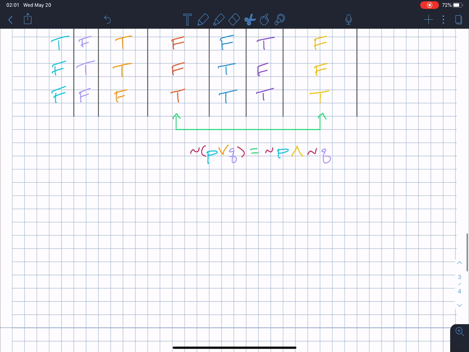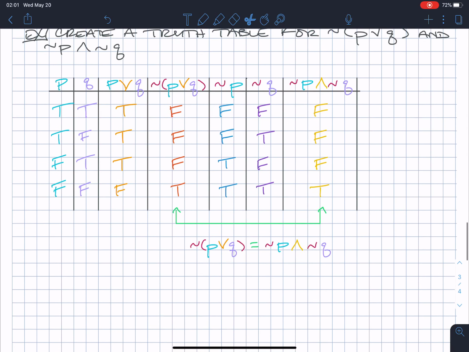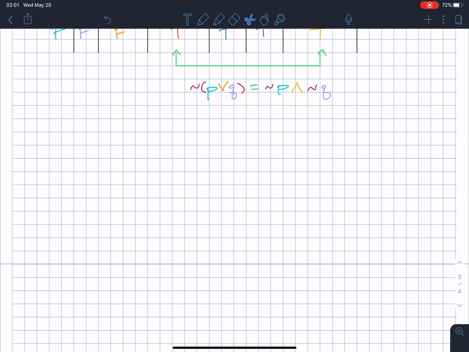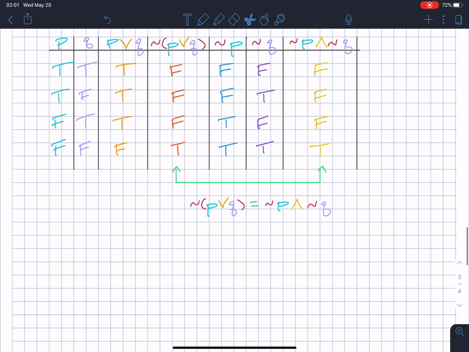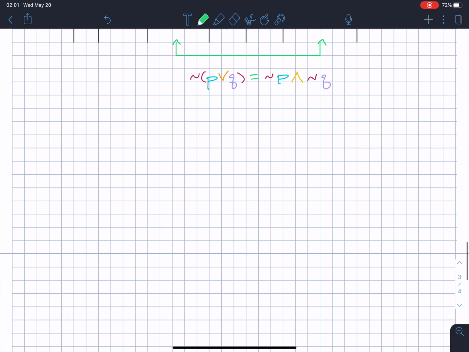Okay, so these are known as De Morgan's laws. So let's look at De Morgan's laws. I'll just write them formally right here.